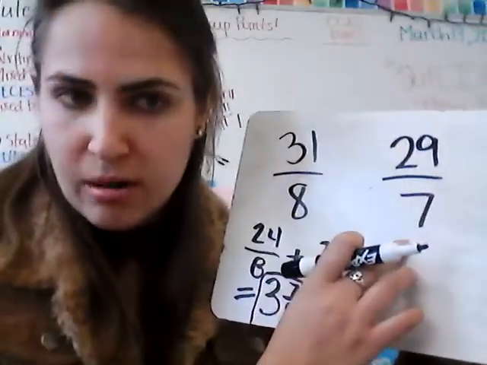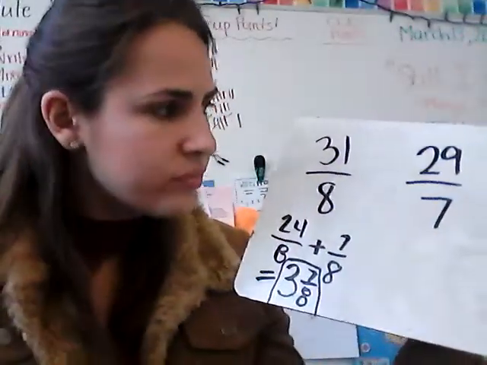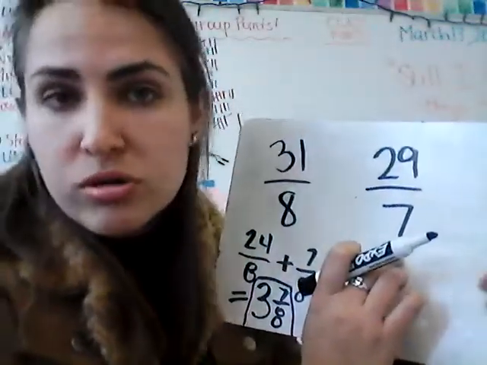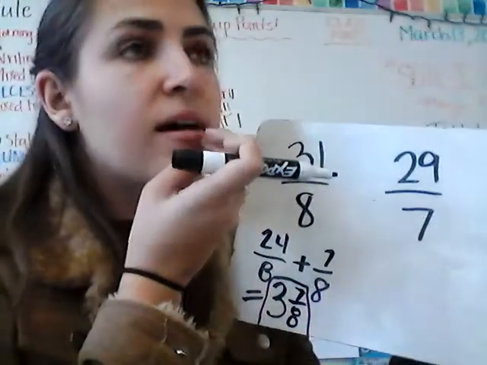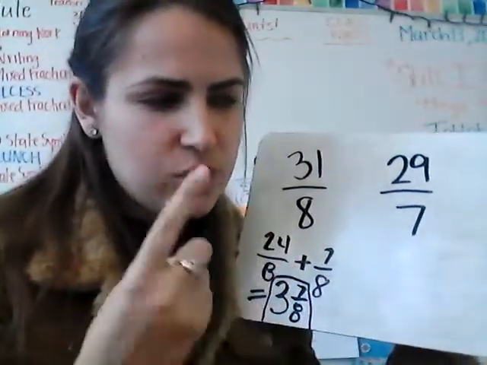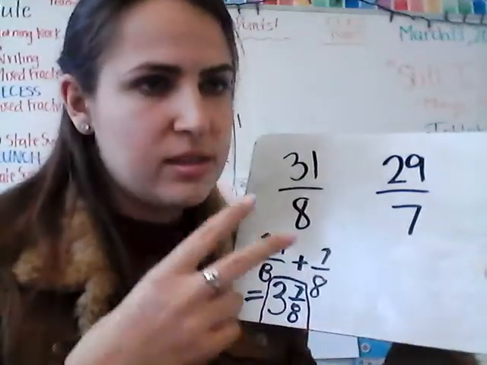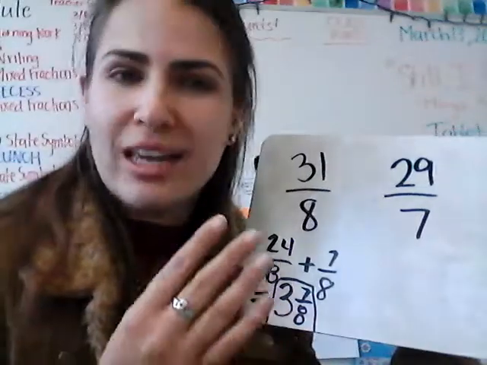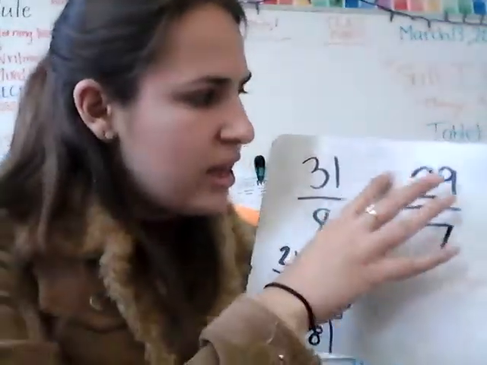Now let's go over 29/7. So we want to think, okay, our unit is sevenths, and how many wholes do we have in 29? 1 whole would be 7/7. So 1 whole, 7/7, 2 wholes, 14/7, 3 wholes, 21/7, 4 wholes would be 28/7, and we're at 29.